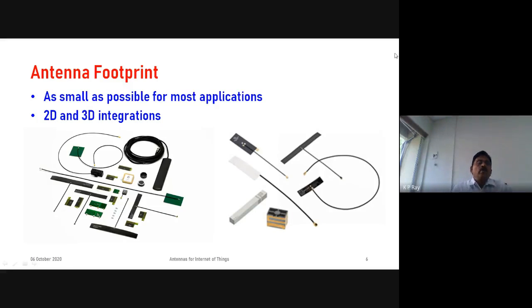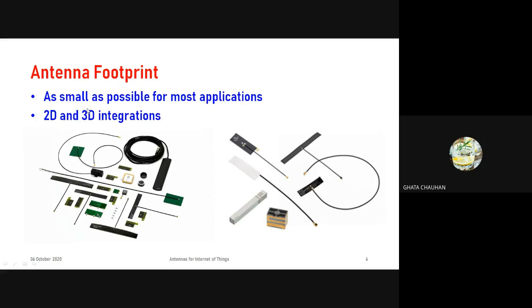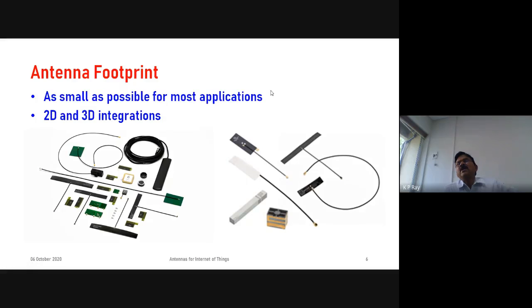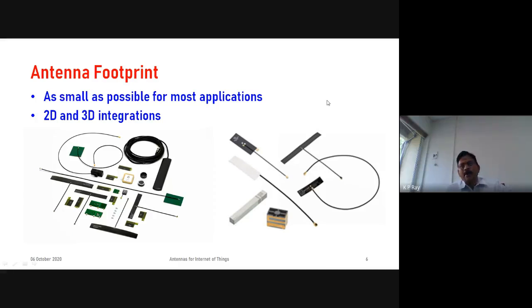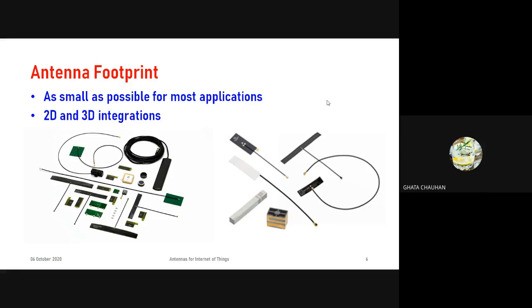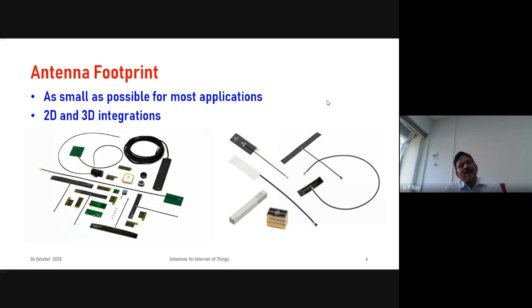These are some of the common footprints of antennas. First is that they should be as small as possible for most applications, except for applications where you have a base station, or you are trying to distribute your signal in all directions, so that all nearby wireless systems will receive those signals. Except for those scenarios where you use an array of antennas, most device-based antennas are very small.